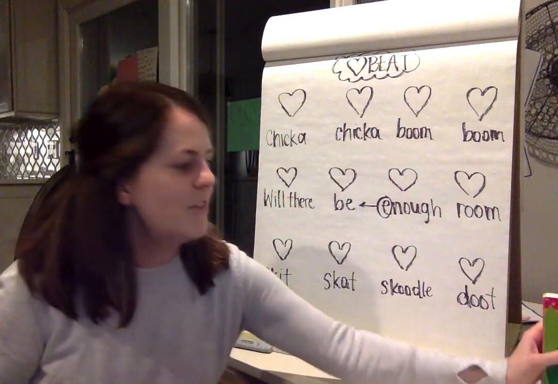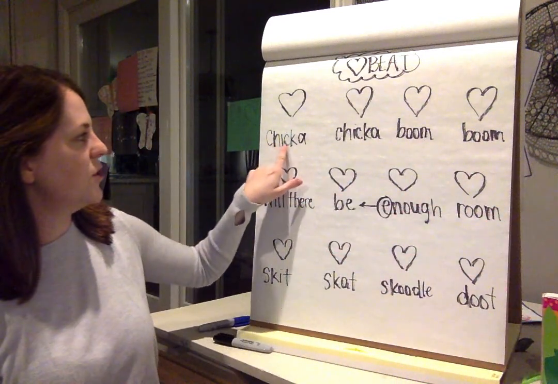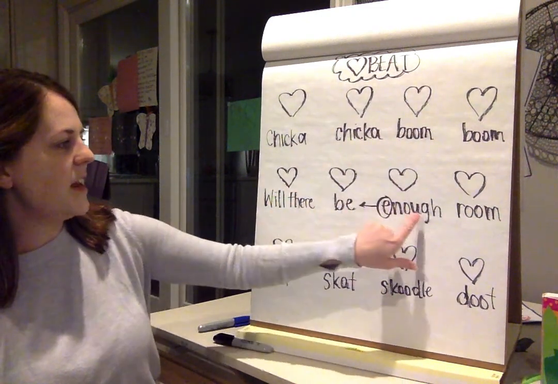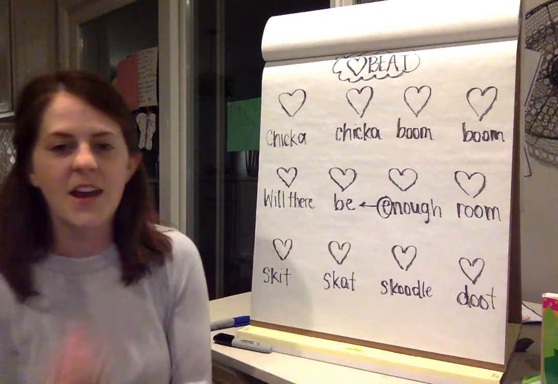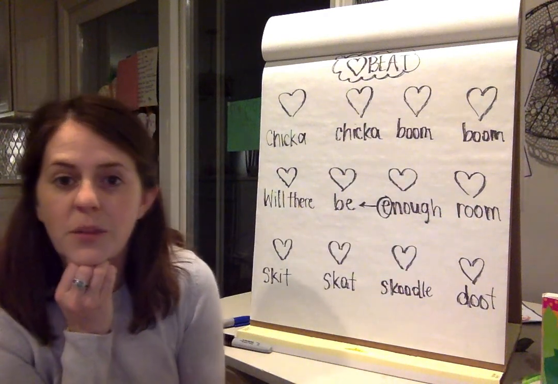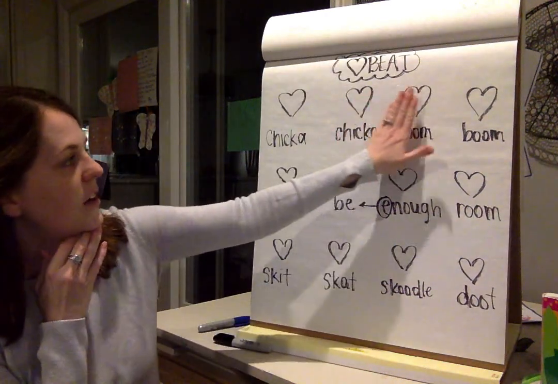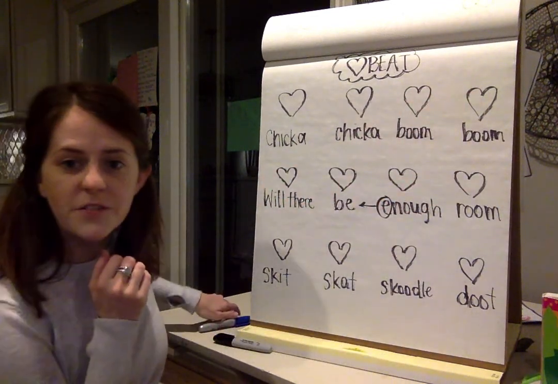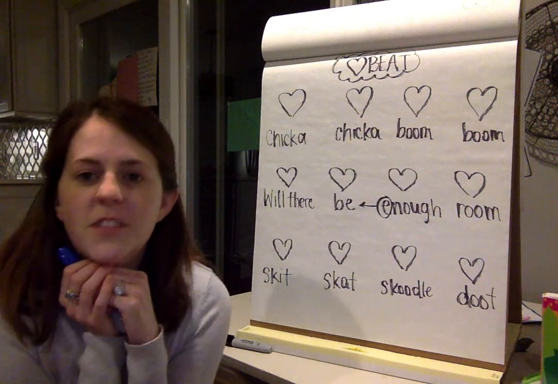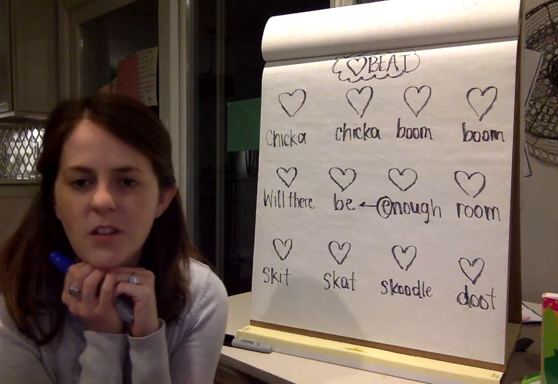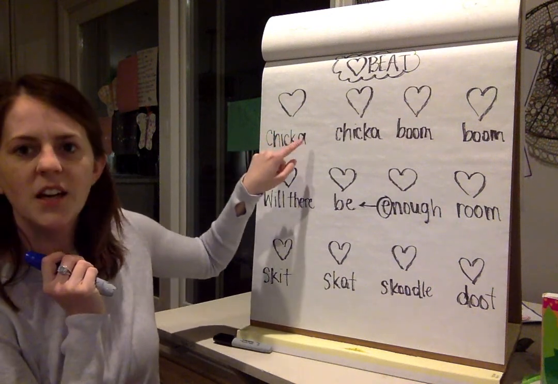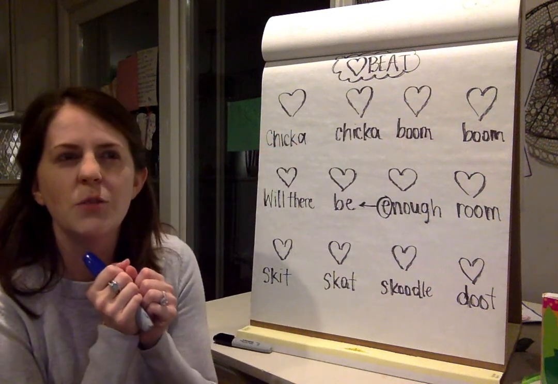So, if you look up here, I have the words chicka chicka boom boom, will there be enough room? And I need your help figuring out the rhythm. We have our beat here, and that's shown by each of the hearts. You're going to figure out the rhythm by listening to how many sounds there are on each beat. So here we have chicka. Let's see, how many sounds do we hear?